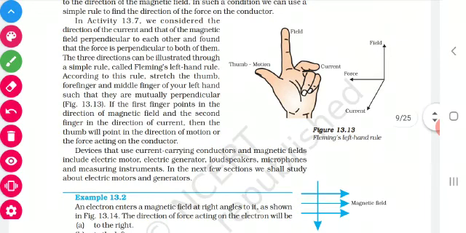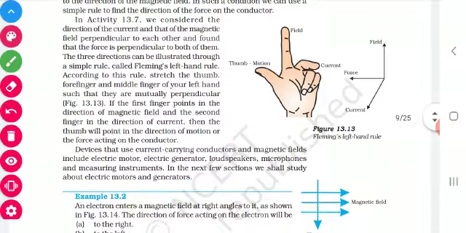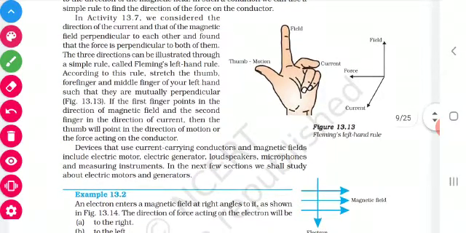Children, have you understood? We have to stretch our left hand, the thumb, the forefinger and the middle finger, and they must be perpendicular to each other.